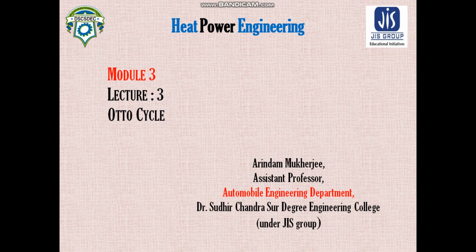In vapor power cycles or power plants, the heat addition takes place externally, whereas in the Otto cycle the heat addition takes place internally. So this is a basic difference between the Otto cycle and all other vapor power cycles. That means you can also differentiate between the gas power cycles and the vapor power cycles from this aspect.